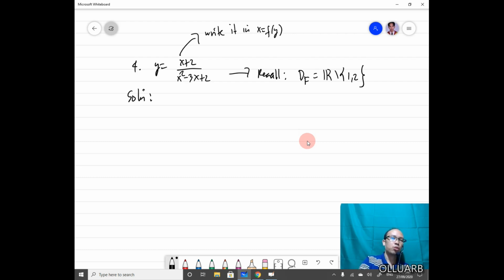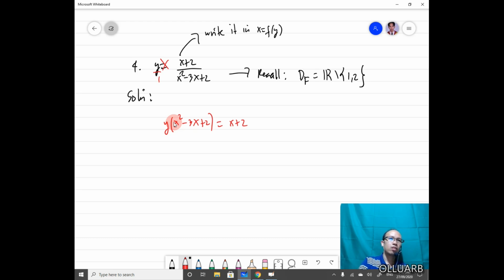For our solution we have to cross multiply. This is over 1, so we have y times x squared minus 3x plus 2 is equal to x plus 2.